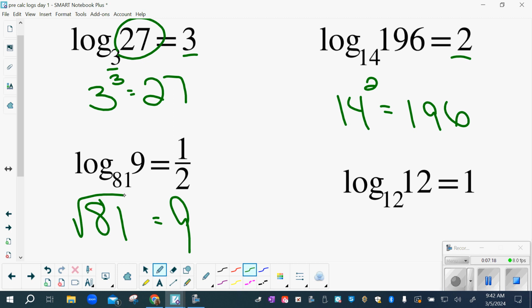And I know it's really tempting to do the last one in a weird way. Just think about it. The base lives in the basement. The answer is the exponent. You want to make sure it all makes sense. Can you go the other way? Go back.